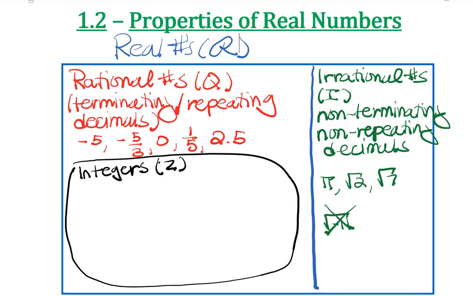We couldn't use I because those are taken up with irrational numbers. And these are positive and negative whole numbers. So things like -3, -2, -1, 0, 1, 2, 3, so on and so forth. So these are numbers whose decimal form is a 0.0, but they're positive and negative numbers, including 0.